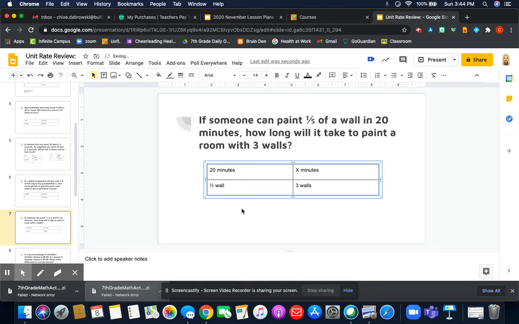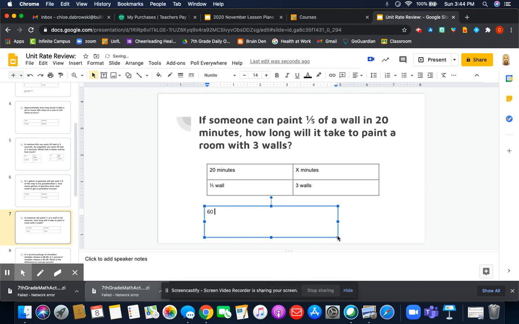All right, so for this problem, I'm actually going to go ahead and cross multiply and divide. So if I have 20 minutes times 3, 20 times 3 is going to give me 60. 60 divided by 1/5. If we are dividing by fractions, I'm going to write this out for you guys. Remember, it is keep, switch, flip.